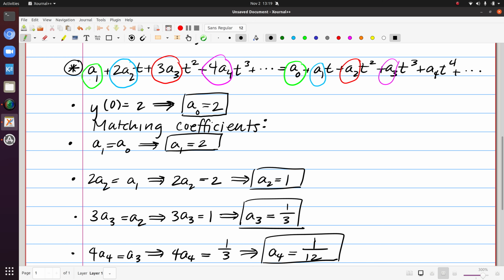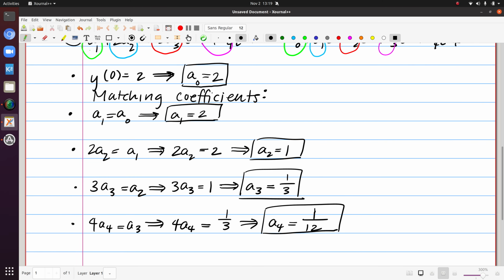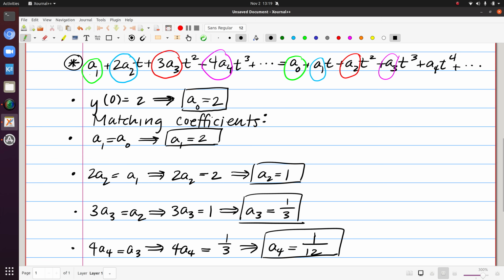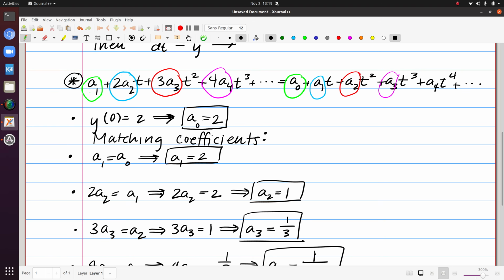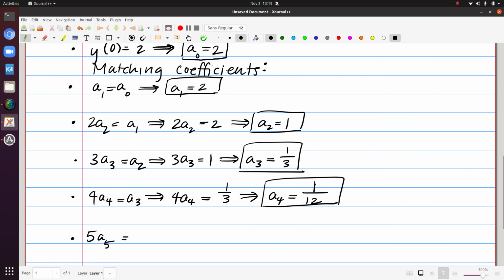I want to keep solving for coefficients until I can establish a pattern. I've exhausted the terms that I've written on the left side, but I know that the t to the fourth power would have coefficient 5a5 on the left-hand side. And on the right-hand side, we would get a4.